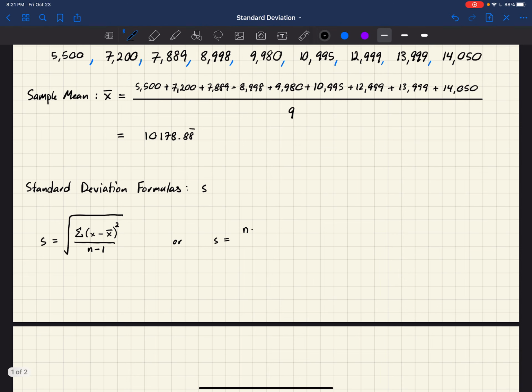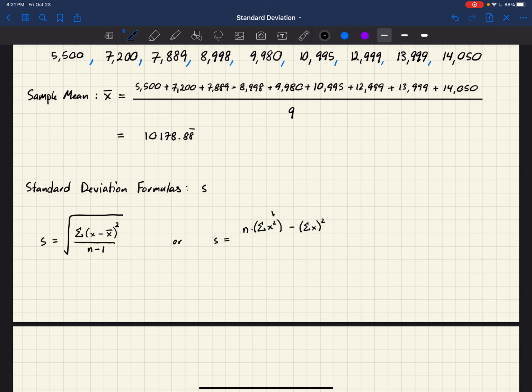Okay, so we have n times the sum of the square of each piece of data, minus, we're going to take a sum of all the data and then square the sum.